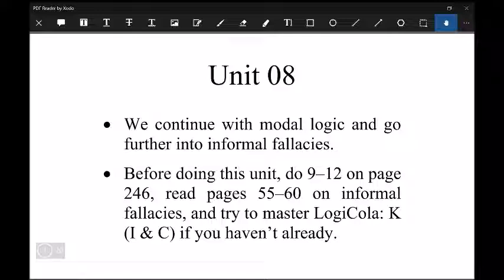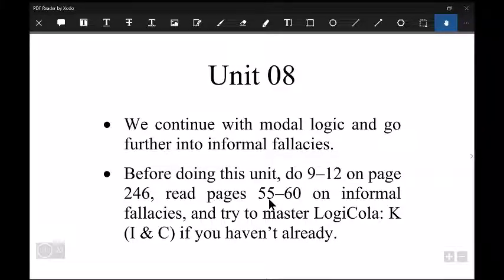Welcome to Unit 8. Today we're going to continue with modal logic, and then we'll finish it the next time and get further into informal fallacies, which we started last time. Before doing this unit, I suggest that you do a few modal logic problems, and then we'll go through them, and you'll see if you got them right.